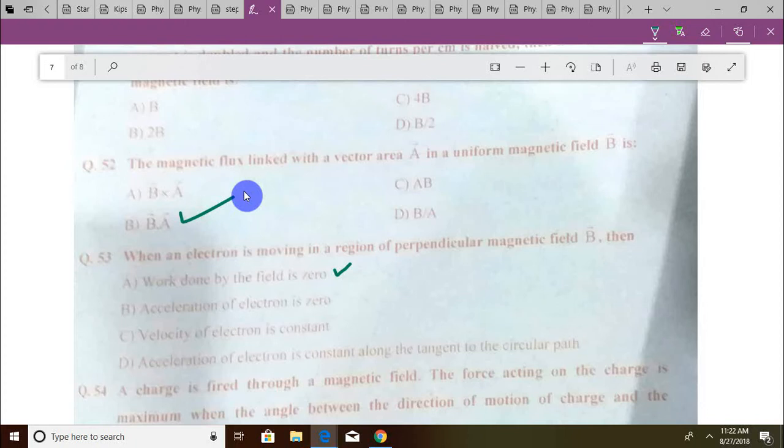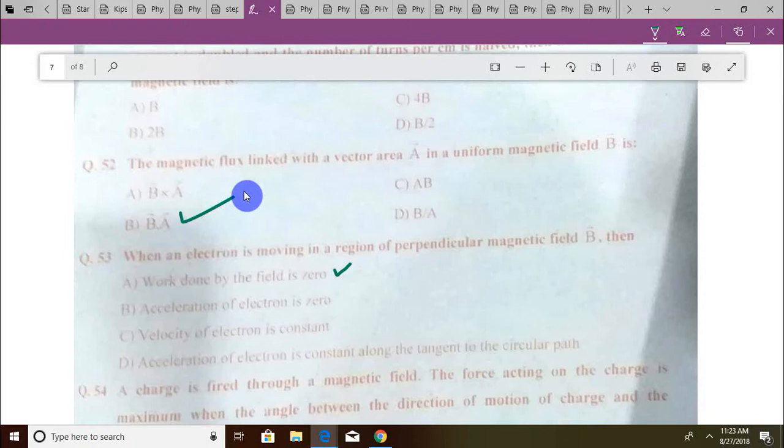Phi is equal to B dot A. This is a dot product, or a scalar product, and this means that magnetic flux is a scalar quantity. And so when we remove the dot, it becomes BA cos theta, which is equivalently important.